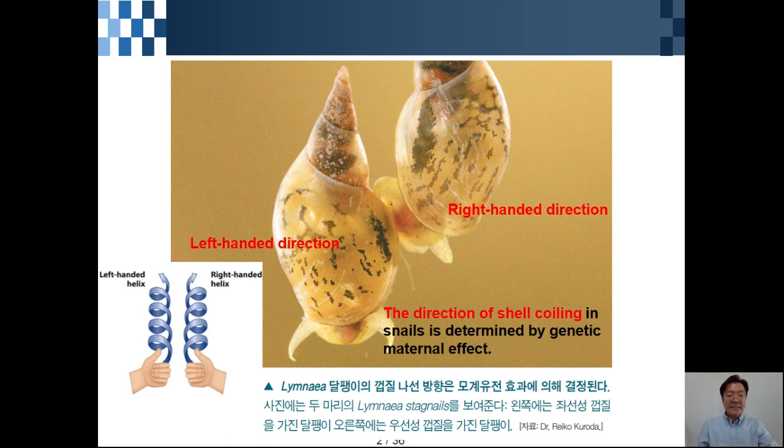We will see detailed information on the direction of shell coiling at the end of this chapter, but it is determined by a genetic maternal effect. We will see the details later, okay?